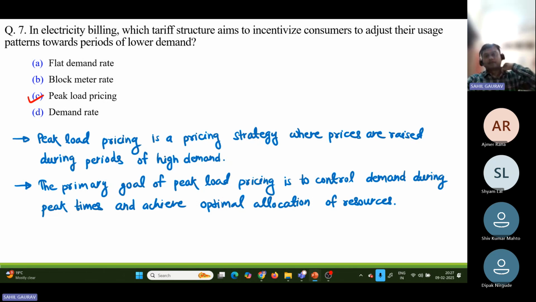So the primary goal of peak load pricing is to control demand during peak times, and that means we are incentivizing consumers to adjust their usage patterns towards periods of lower demand.